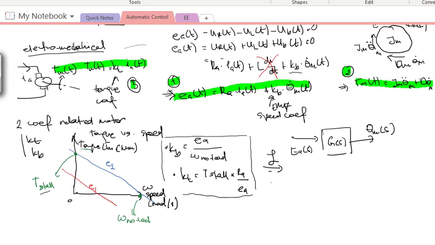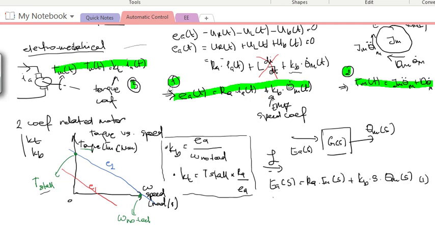So the first equation becomes EAS equals RA multiplied by IAS plus KB. Now KB is known, we found it. KB multiplied by S theta MS, since theta dot MT becomes S theta MS. So that's equation number 1.